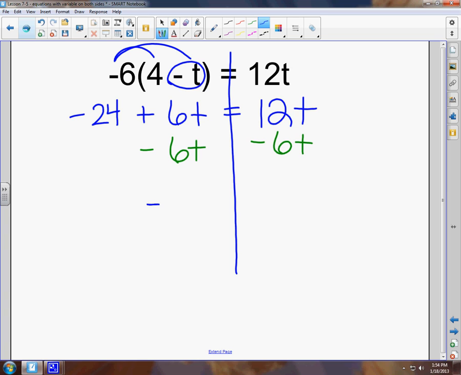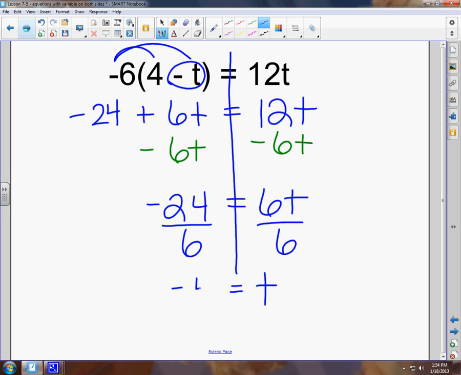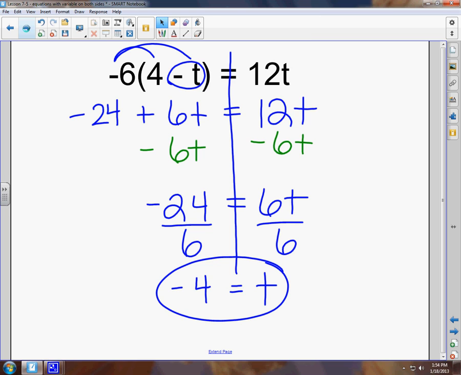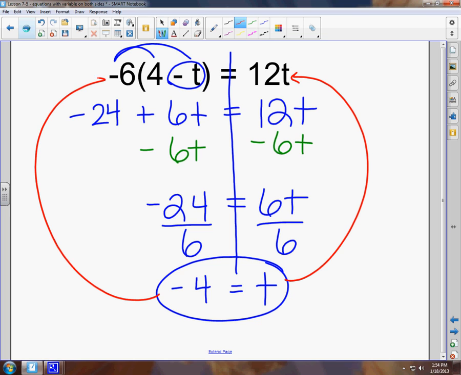So then I have negative 24 equals 6t, and then I divide by 6, so I see that t equals negative 4. And then you can plug that in on both sides of the equation, and it should both equal each other.